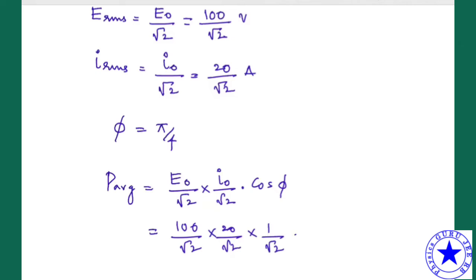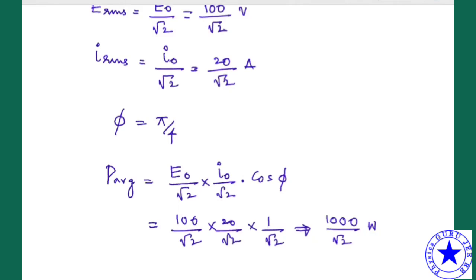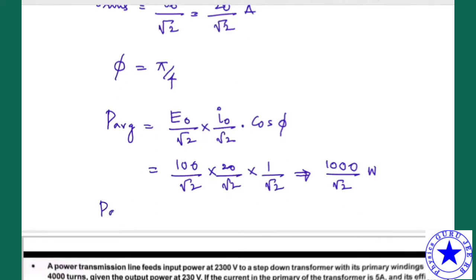Finally we get 2000 divided by 2 root 2, that is 1000 by root 2 watts. This is the average power. Put it in the box.